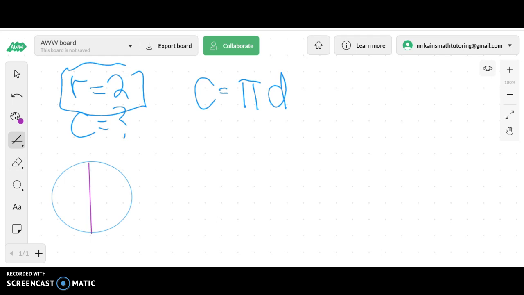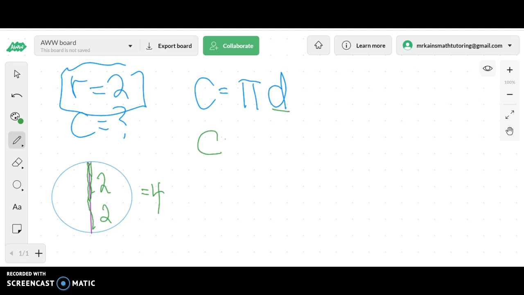From that diameter, what I know is that a radius is 1/2 of a diameter. From here to here, whatever that halfway point is, the radius, it says, is 2. So that means that the diameter is going to be 2 plus 2, which is 4.